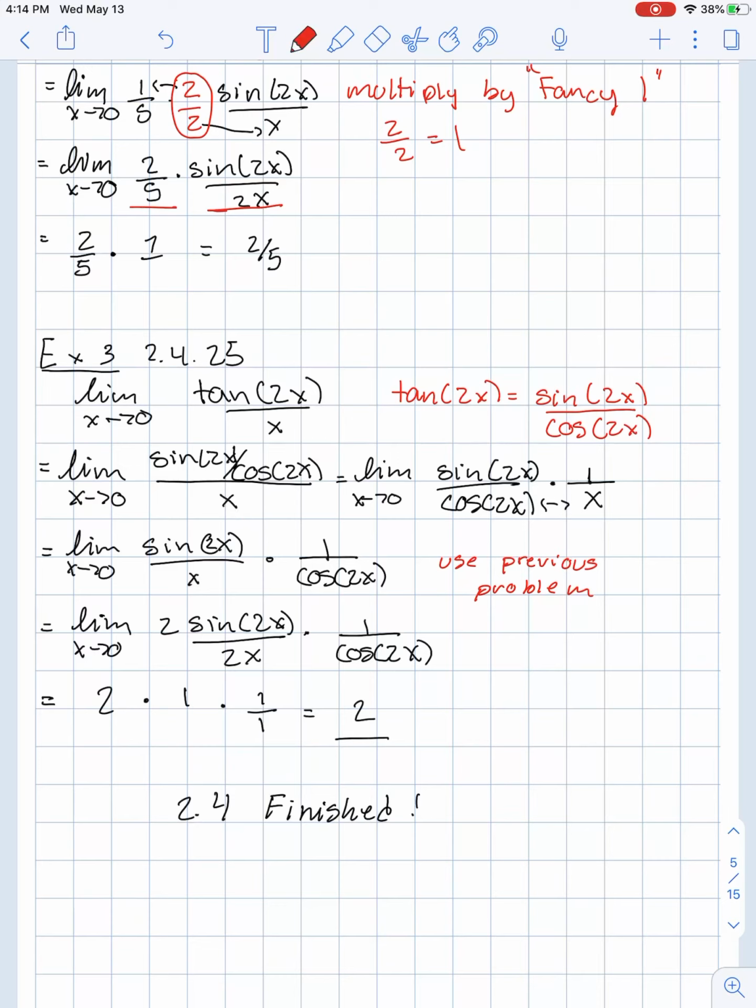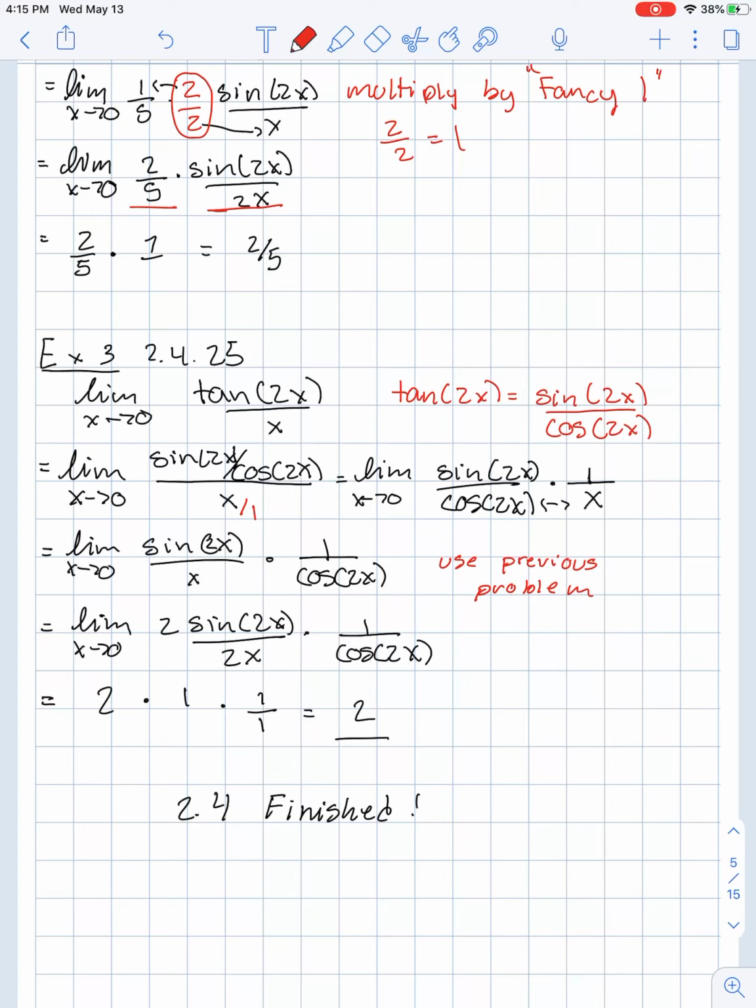And I wrote here that x is just x over 1. Well, we have a fraction divided by another fraction, so we multiply by the reciprocal. That's how I got the limit as x goes to 0 of sine of 2x divided by cosine of 2x times 1 divided by x. I just flipped it.